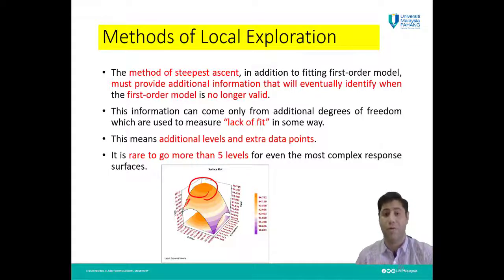to this optimum point. But this method is not only useful to help us get closer to the optimum region, it will also help us to understand when the first order model is no longer valid, and we need to go for a more complex model which can help us reach the optimum point in the process space or experiment space.